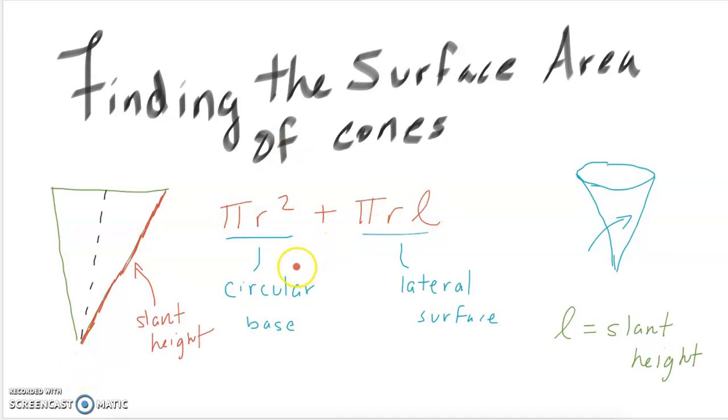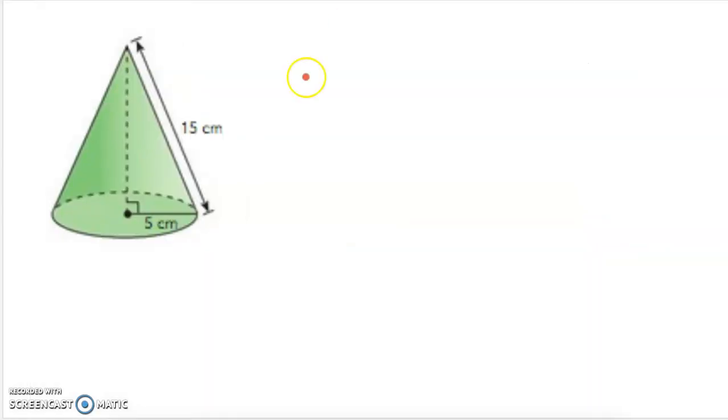Just like everything else we're doing with this stuff, you have the formula, you plug in the things that you know, and you should be okay. All right, let's look at the first one here. We're looking for the total surface area of this cone. So let's start with our formula. Pi r squared plus pi rl.